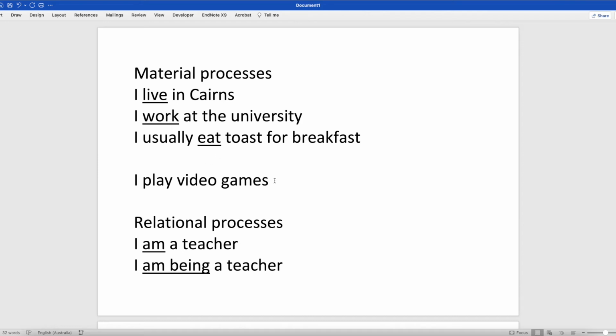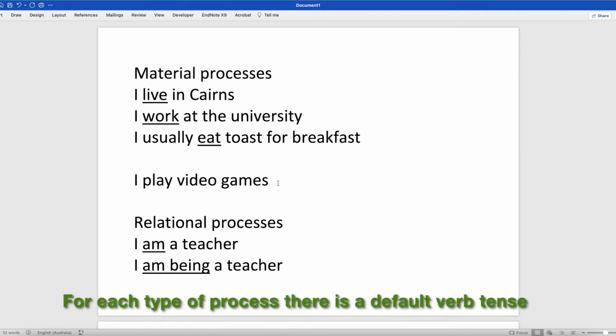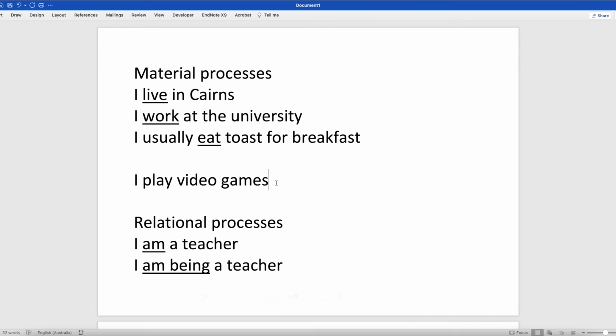So what I'm trying to say here is, for each type of process, like material or relational processes, we have a kind of default option. If we're choosing between the simple present and the present continuous, there is a default option.